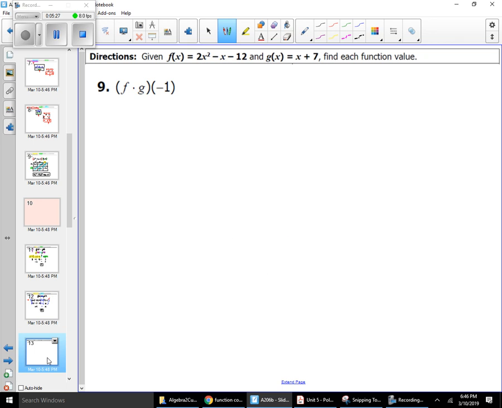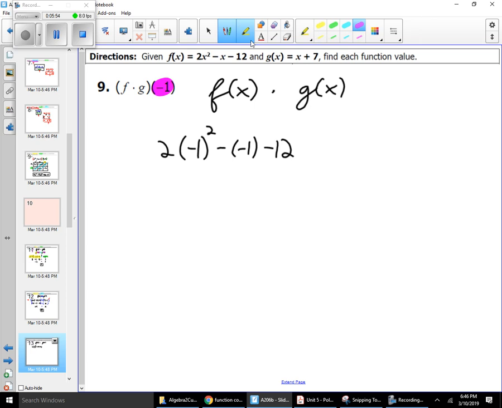So once again, multiplication, we are taking f and multiplying it by g, but now I'm evaluating both f and g at -1. So I'm taking f of x and multiplying it by g of x. And our x value is -1. So this is 2 times -1 squared minus a -1 minus 12.